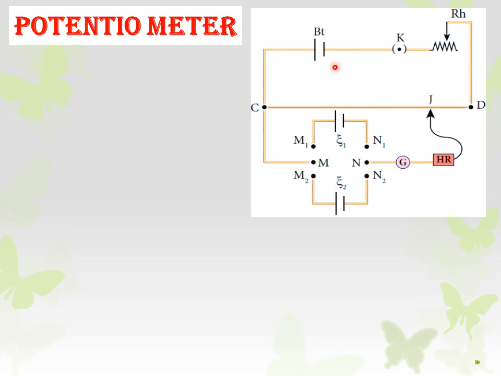The negative terminal of the battery is connected with the key and then connected to the lower part of the rheostat. Then if you come to N, this N is connected with the galvanometer to find the current deflection and a high resistance, to minimize the current. Then it is connected with the jockey.